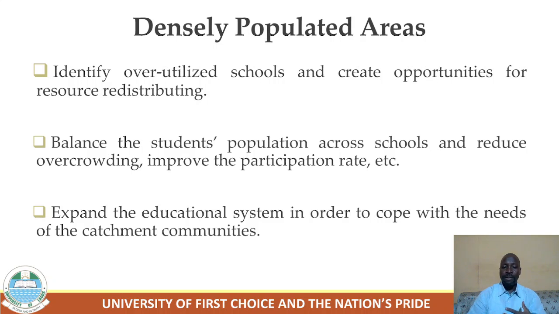Once we carry out school mapping exercise, we'll be able to balance the student population across all schools. So where we have a lot of students in a particular school, we can distribute them to other schools just to maintain that balance, just to reduce overcrowding, and of course, overutilization of resources.